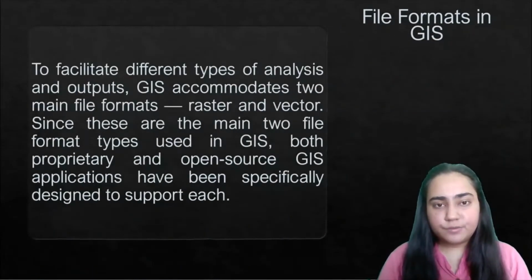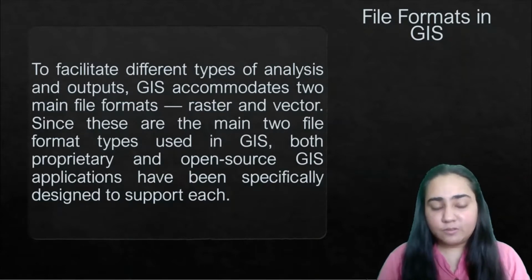To facilitate different types of analysis and outputs, GIS accommodates two main file formats, raster and vector. Since these are the main two file format types used in GIS, both proprietary and open source GIS applications have been specifically designed to support each.